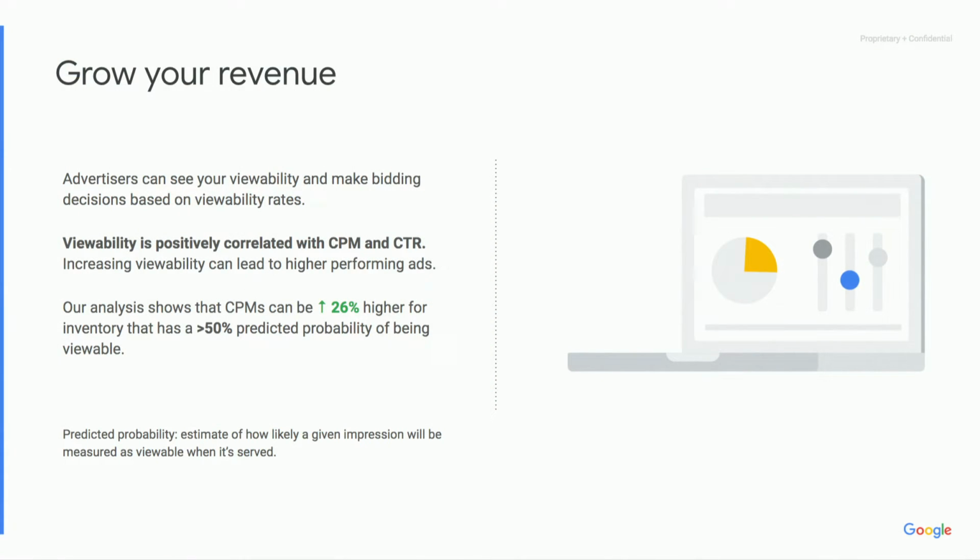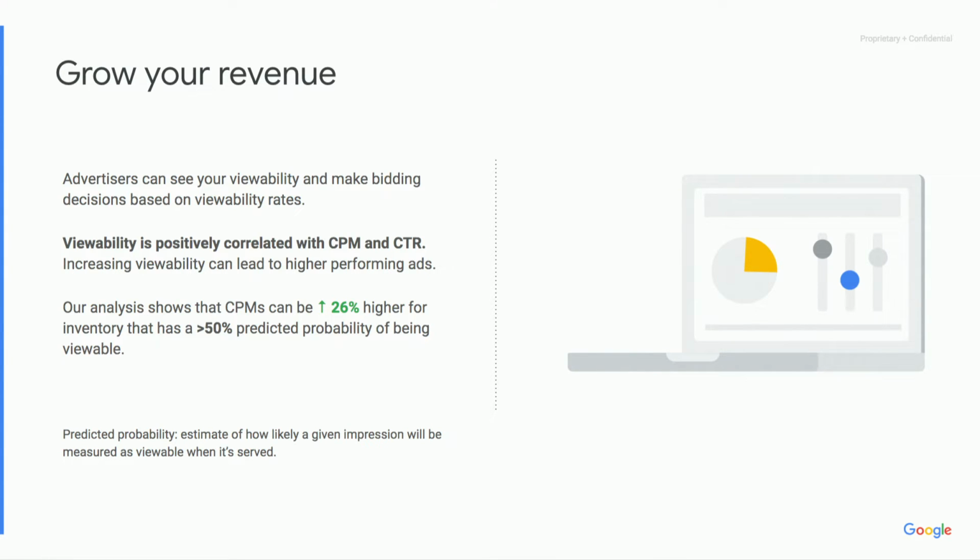Third, viewability can also help you increase your revenue. Advertisers can see, as a publisher, your viewability rates for individual ad units, and they may make bidding decisions based on these rates. Currently there's an increasing demand for viewable impressions, and publishers with higher viewability rates will see more demand for their inventory.